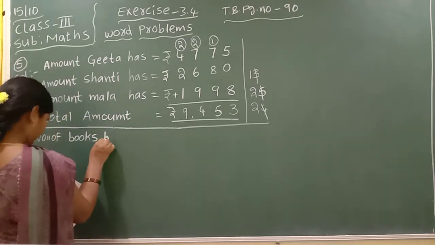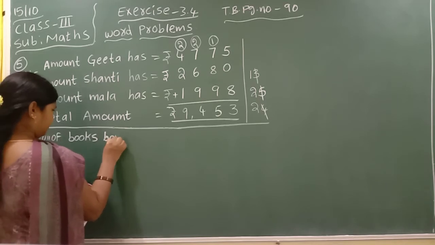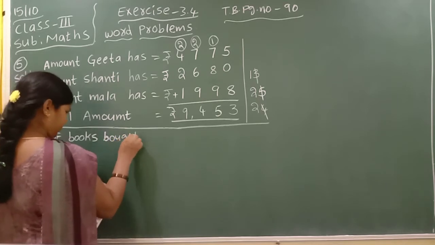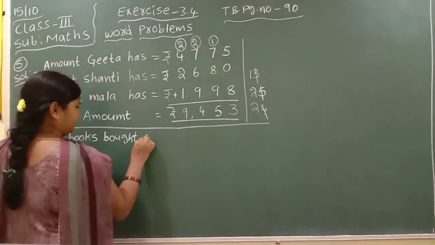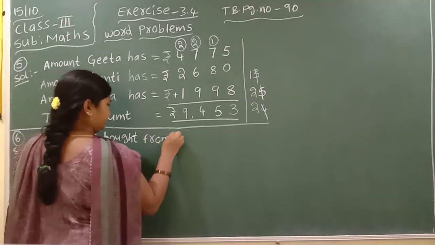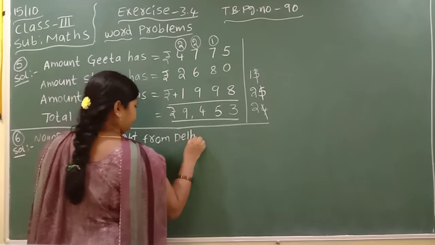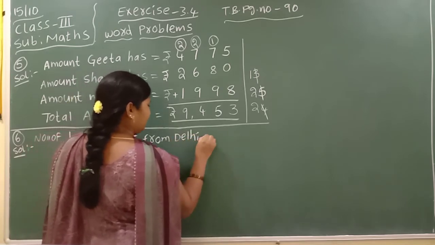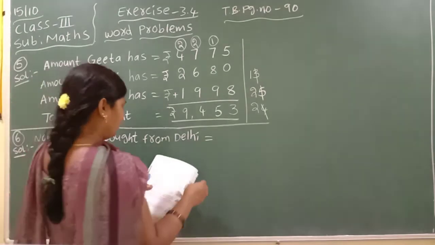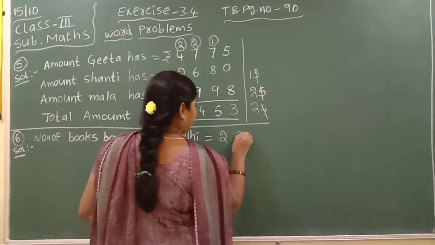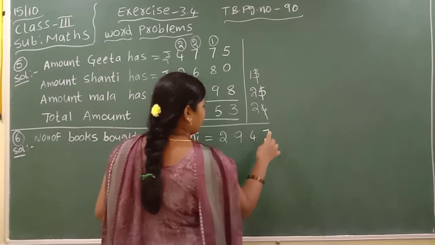Number of books bought from Delhi Book Fair. How many books, children? Here 2,947.